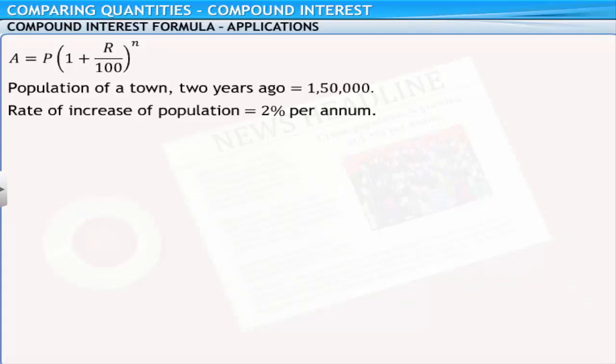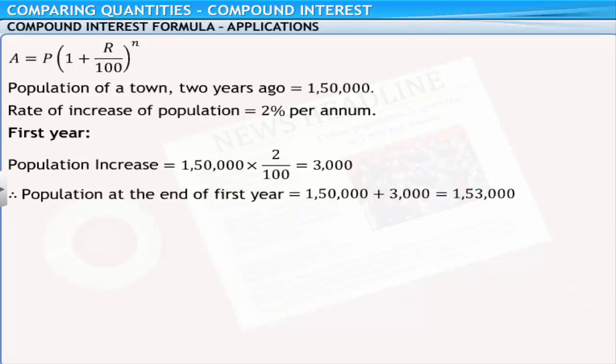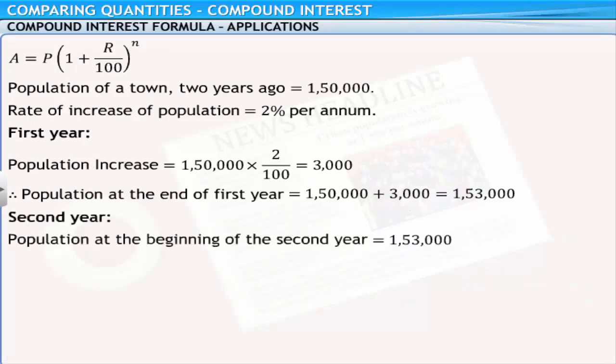Population increase at the end of the first year is 150,000 into 2 by 100, or 3,000. Therefore, population of the town at the end of the first year will be population at the beginning of the year plus the population increase, which is equal to 153,000. Now, 153,000 is the population at the beginning of the second year.